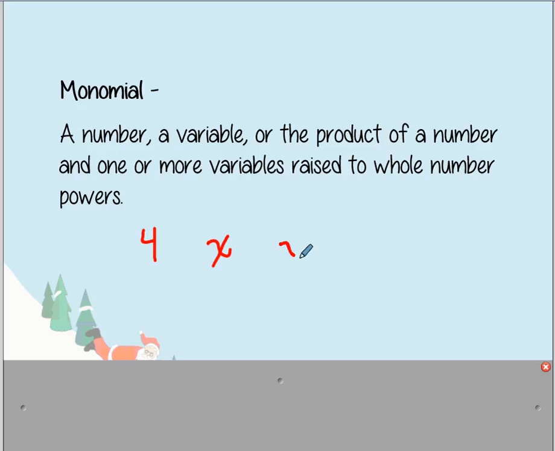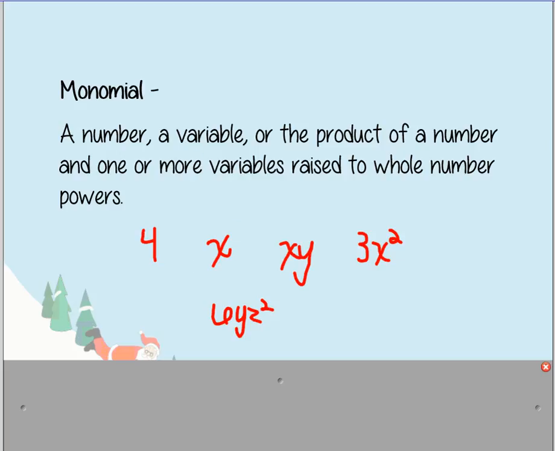You could have xy as a monomial because it's a product. You could have 3x squared, or 6yz squared. Those would be your monomials.